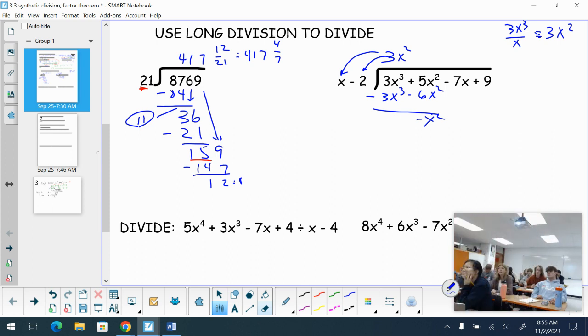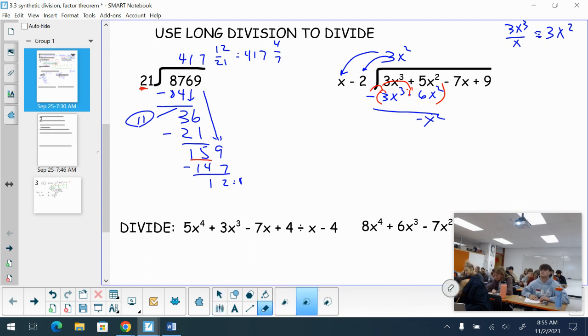Because all we did over here was subtract the two 8s, but we added the 7 and 4. When you say this is negative x squared, you've subtracted this, but you've added these two together. You need to make sure you get your parentheses in there. So this negative has to go to both of our terms, which gives me a plus 6x squared. So we have a plus 11x squared.